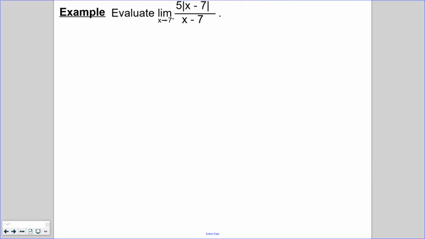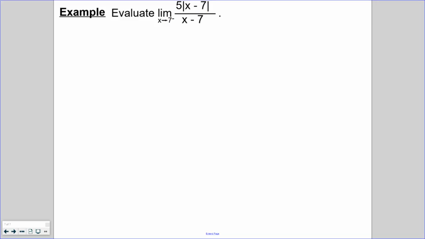And our final example, we're going to evaluate the limit as x approaches 7 from the left of 5 times the absolute value of x minus 7 over x minus 7. So let's first identify our a value of the absolute value function. That's going to be 7. And as we can see, that matches our a value for our limit. So that means we can split this apart.